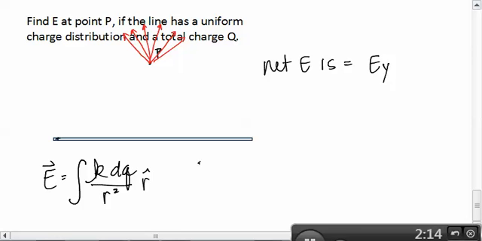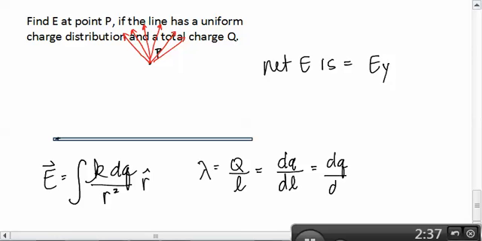Now I know that lambda is Q over the length. I'm going to call that L if you want to. So that makes dq proportional to dl, which would be the same as saying dq by dx. You guys seem to like x's better when it comes to that.